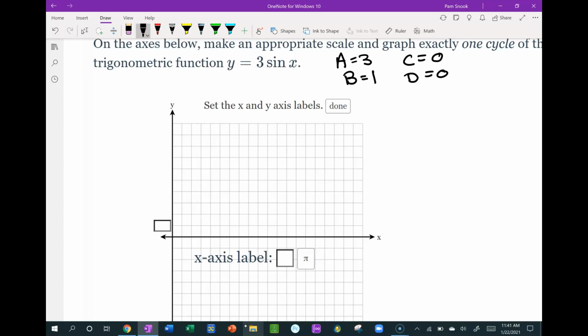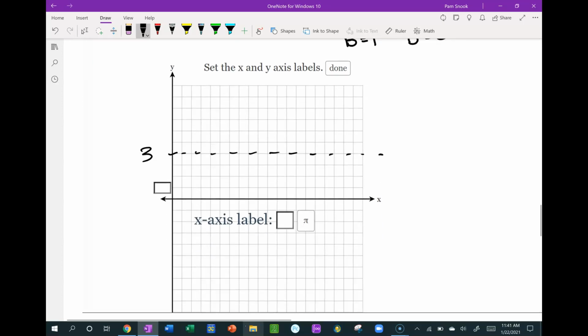So what that means is my top line is going to be up here. I'm just going to call this 3. So right here is going to be my top line. And then my bottom line is going to be here at -3. So this here is our midline.